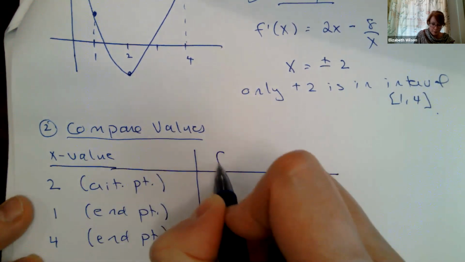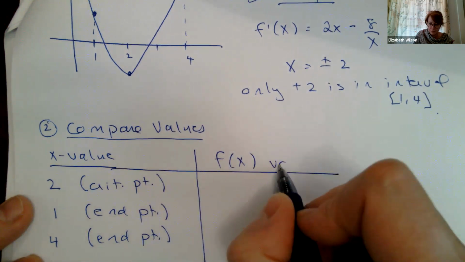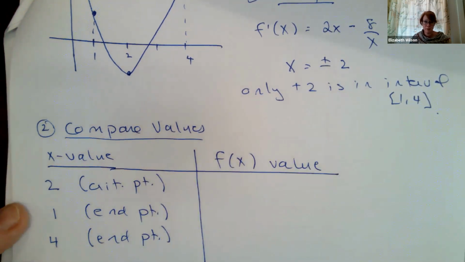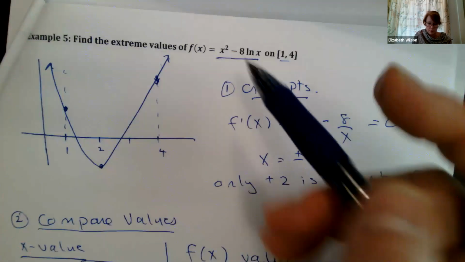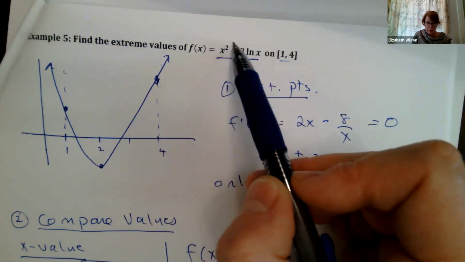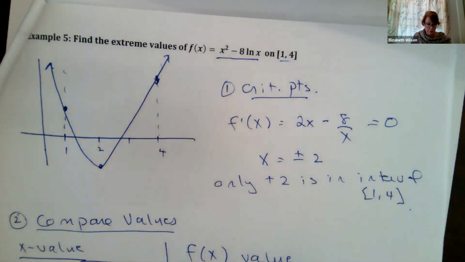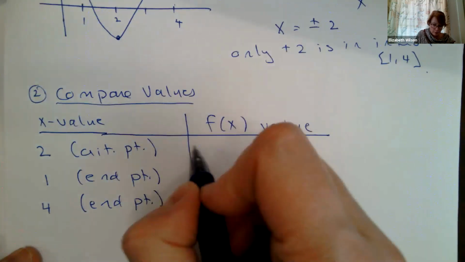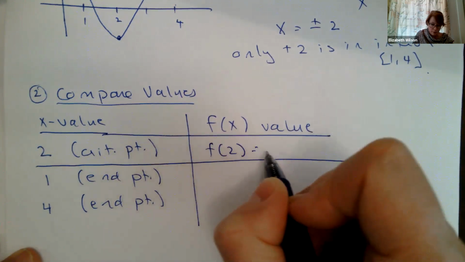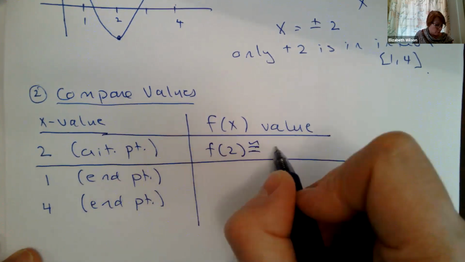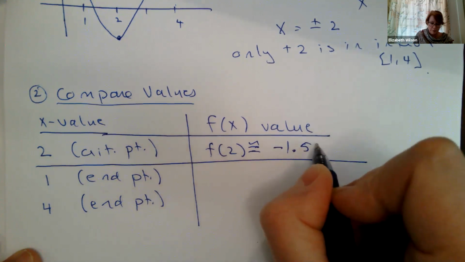I'm going to take a look at my f of x at that particular x value and see what we get. So wherever I see an x in my function, I'm going to get 2 squared minus 8 times the natural log of 2. I'm going to get a value, and I'm going to plug that in. So f of 2 equals approximately minus 1.55.